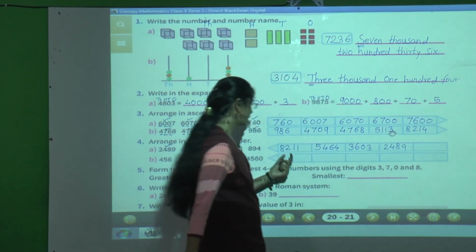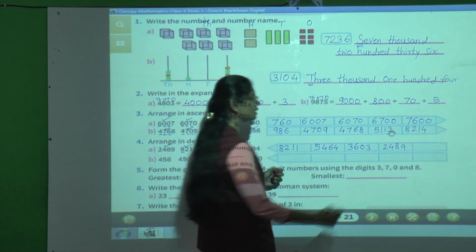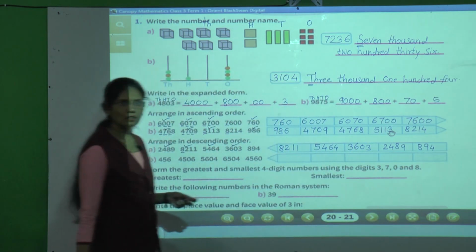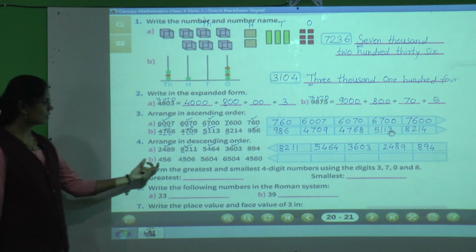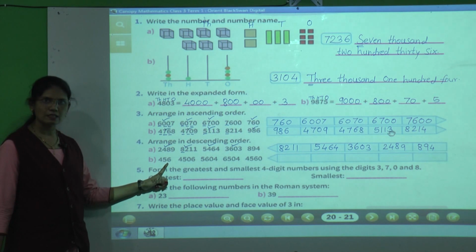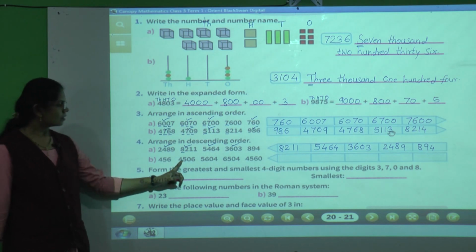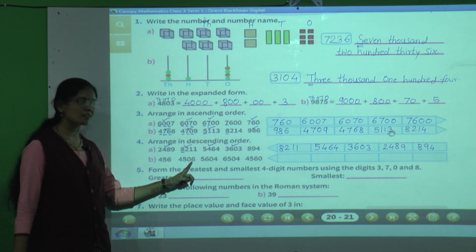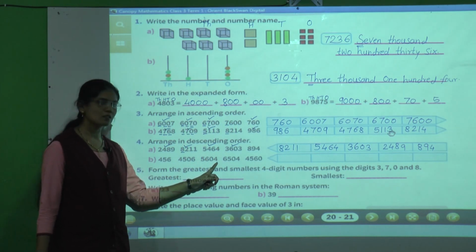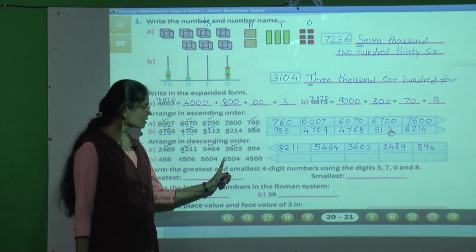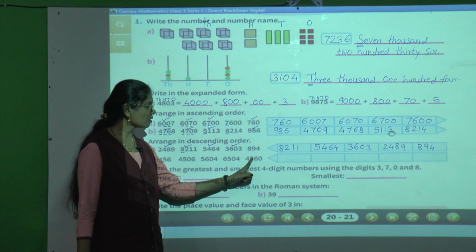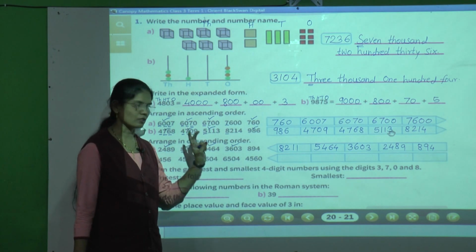And the last, the 3-digit number, 894. Are you getting it? See another example. B. Here 456, which is a 3-digit number. 4506, this is a 4-digit number. 5604, this is also a 4-digit number. 6504, this is also a 4-digit number, and 4560 also a 4-digit number.